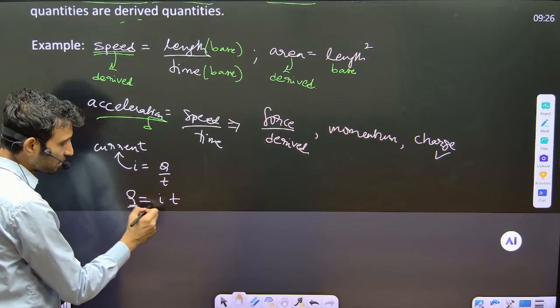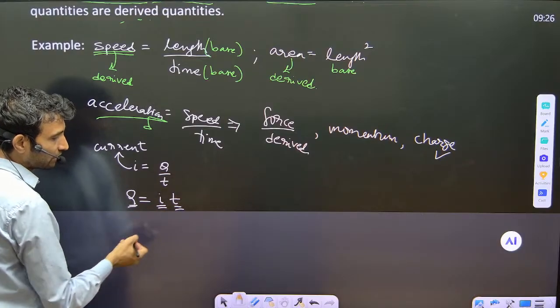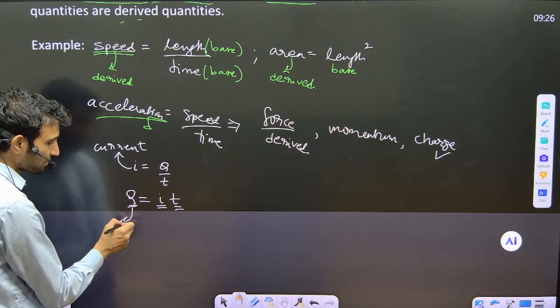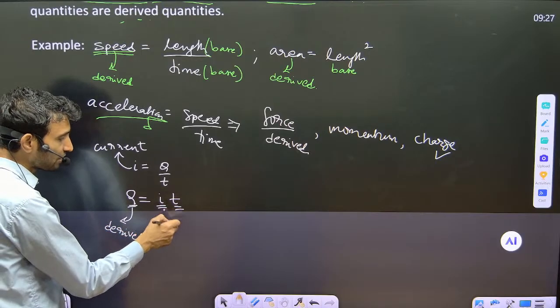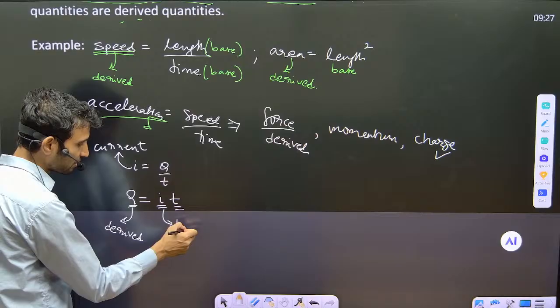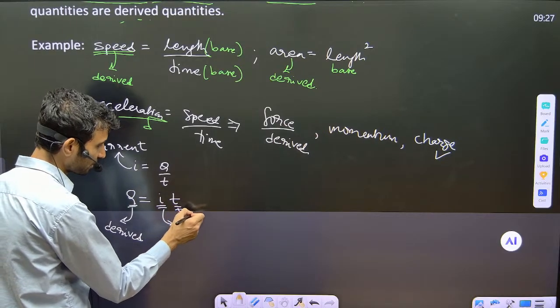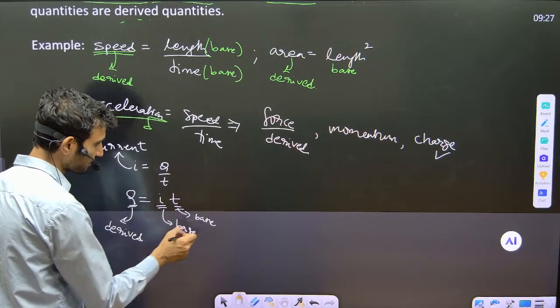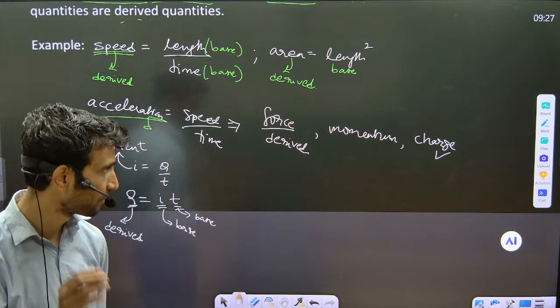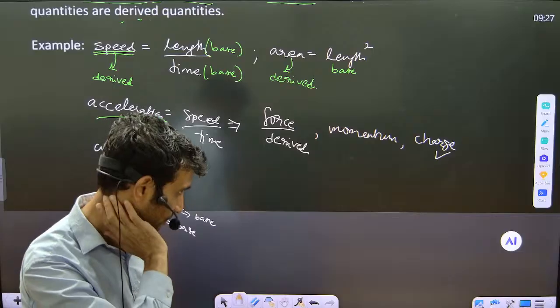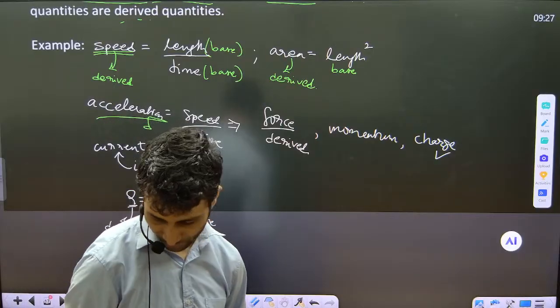And charge is made up of current and time multiplied together. So charge becomes derived because current is already a base quantity, and time is also a base quantity. So charge had to be a derived quantity, right? Take this down.